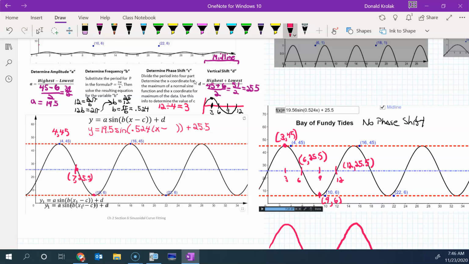This is 10, 6. So 4, 7, 10, and that's the point 13.